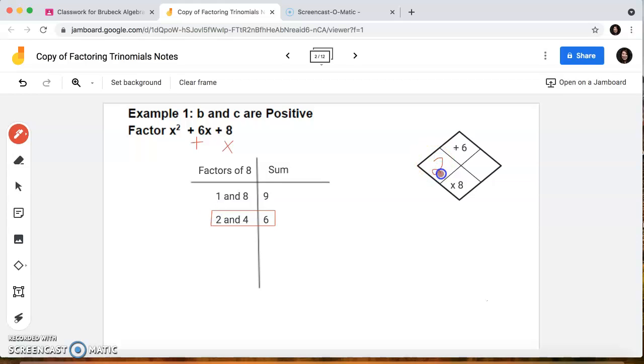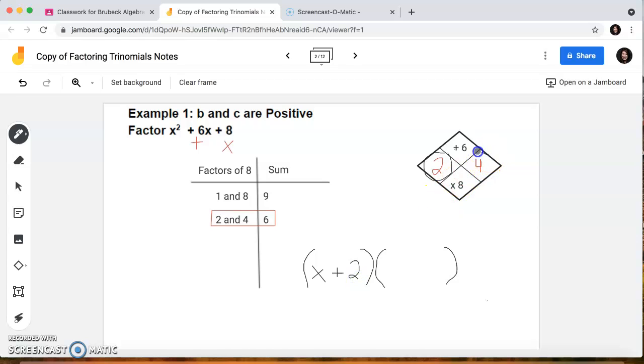So we're going to use 2, and we're going to use 4. And then the way you write your final answer is we're going to put parentheses. A parenthesis here and a parenthesis here. And inside that parenthesis, we'll put x plus, and you'll take your 2. You'll put plus 2 because it's positive.